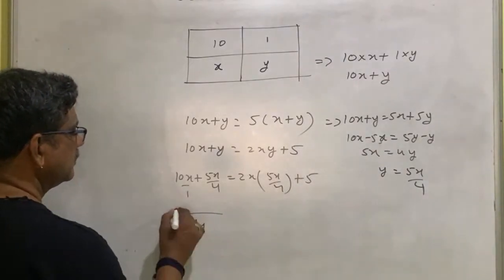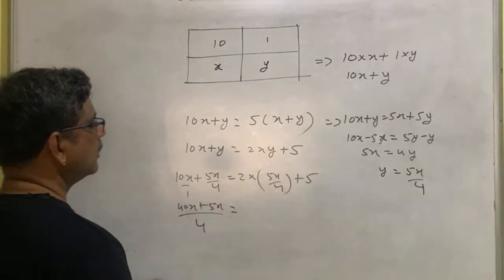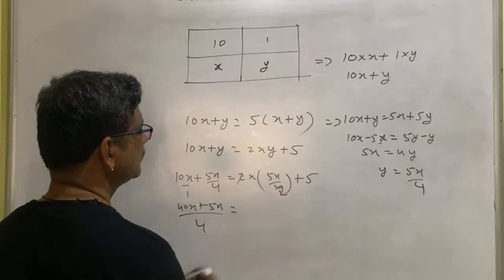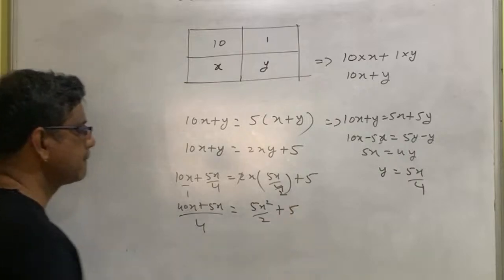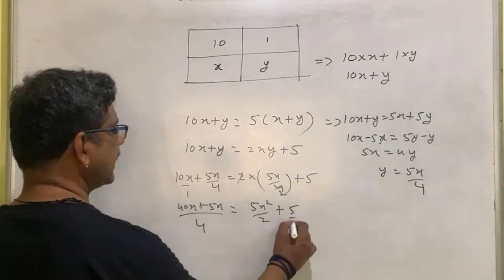LCM. 40x plus 5x is equal to 2 times 5x square by 4 plus 5. Again take LCM here also.